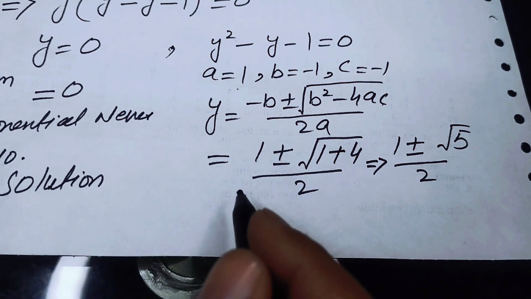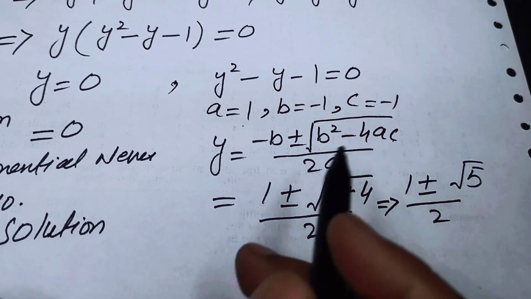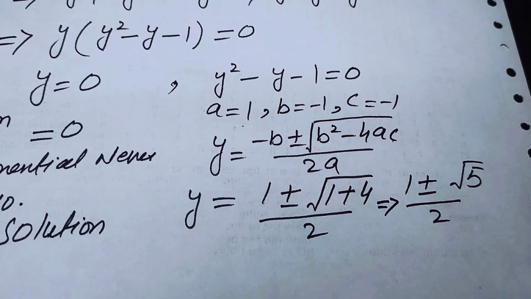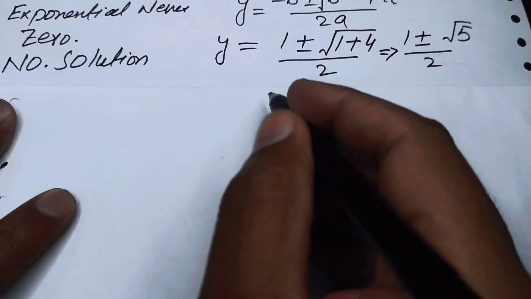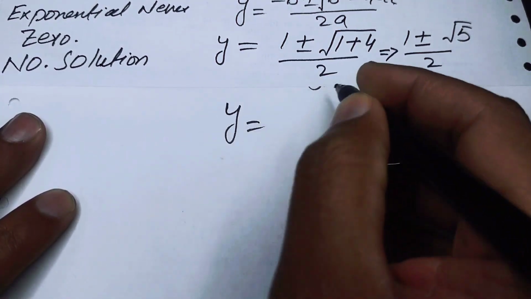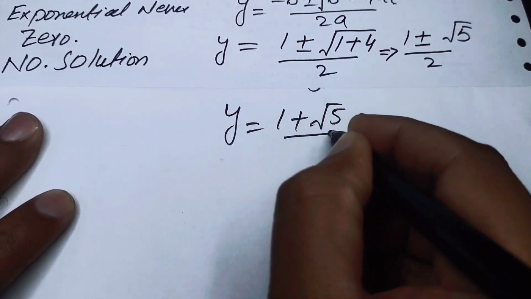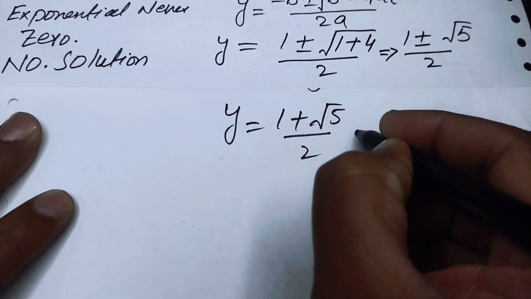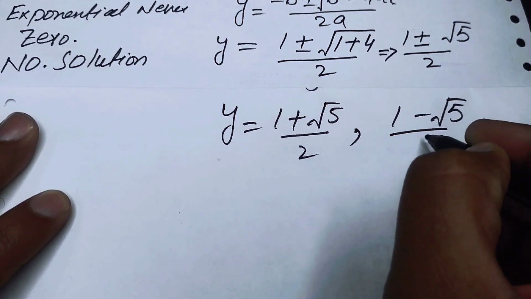Here you can see that we have two values of y, so we can write y as 1 plus square root 5 over 2 and 1 minus square root 5 over 2.